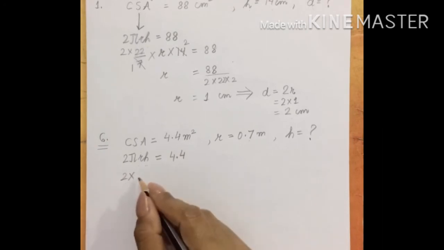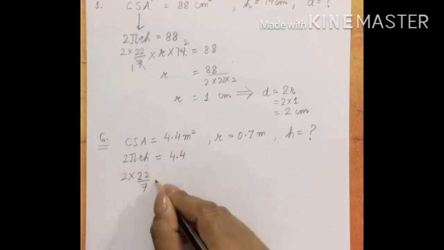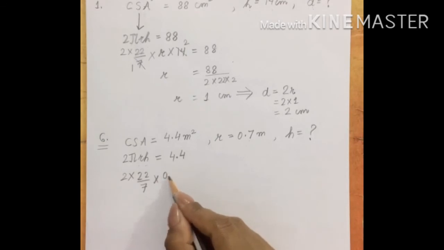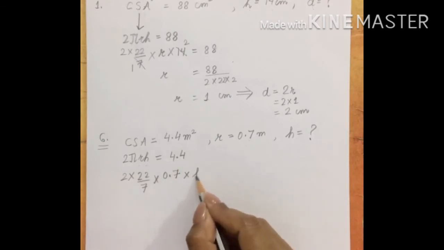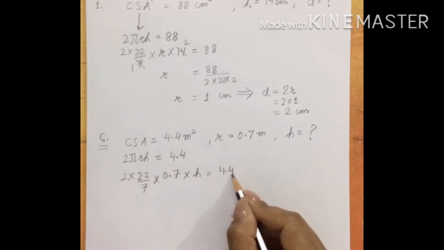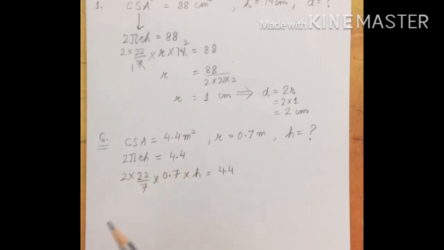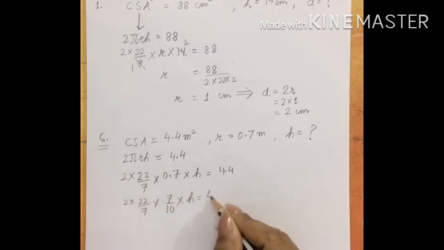For this question as well, pi is to be used as 22 by 7. Radius is 0.7 into h equals 4.4. Let's simplify the left hand side before I transpose the values. So 2 into 22 by 7 into 0.7, which can be written as a fraction, into h equals 44 by 10.